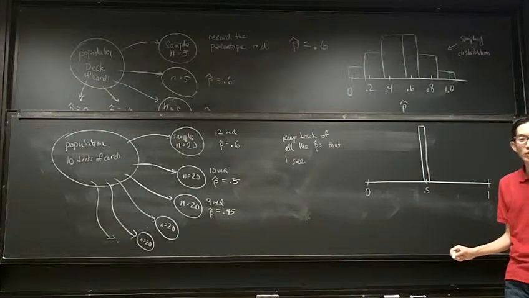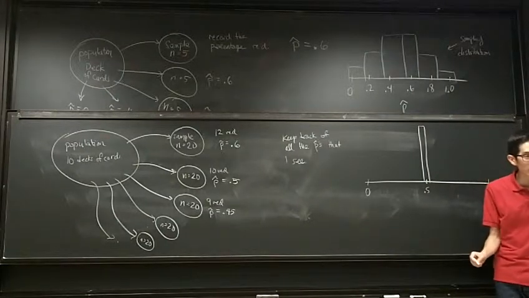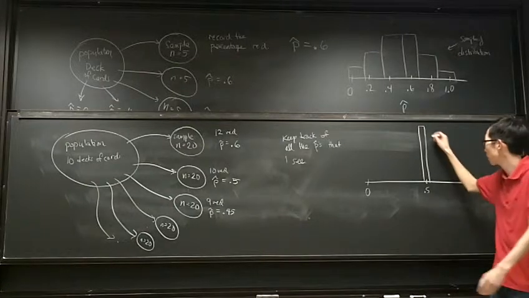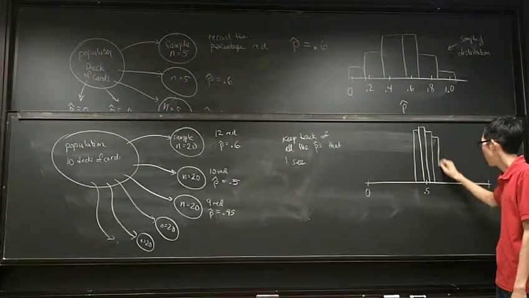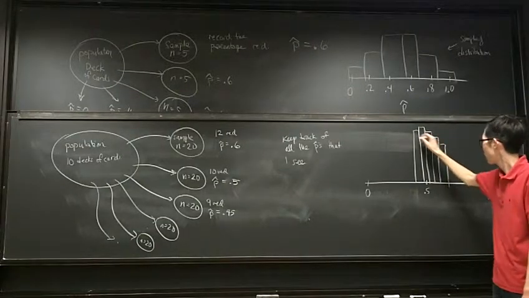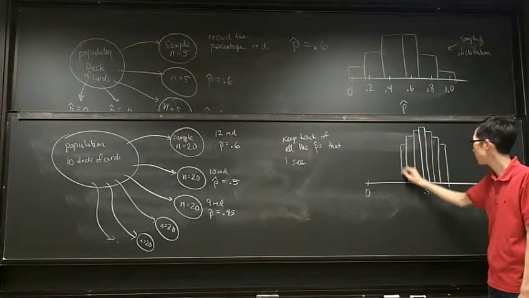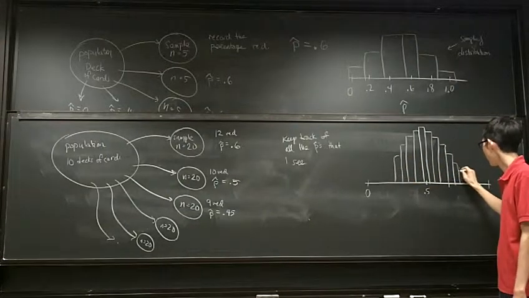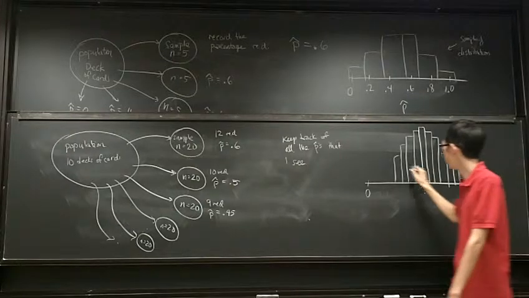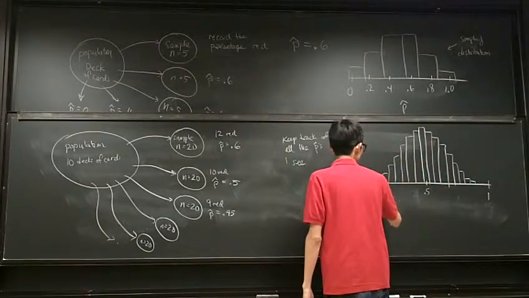Other common values will be when I get 11 red cards or 9 red cards, and that would be p hat is 0.55 or 0.45, okay? And so basically, when I'm close to 0.5, it's going to happen quite a bit. And the further I get away from 0.5, it will probably happen less and less often, okay?